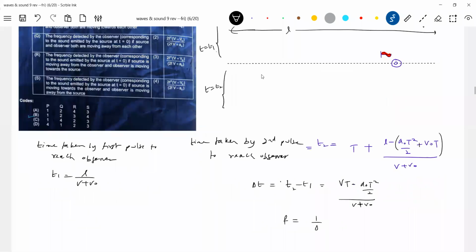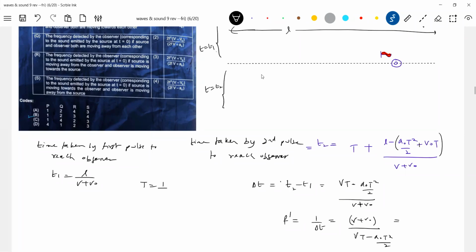F dash is equal to 1 by delta T, with V plus V naught. What is capital T? This is F, no?